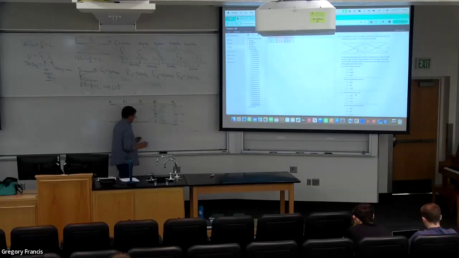The fact that all of these are moving to the right tells me that this node is in the process of being deserted, and it's deserted from both sides. And the antinode has the biggest motion.